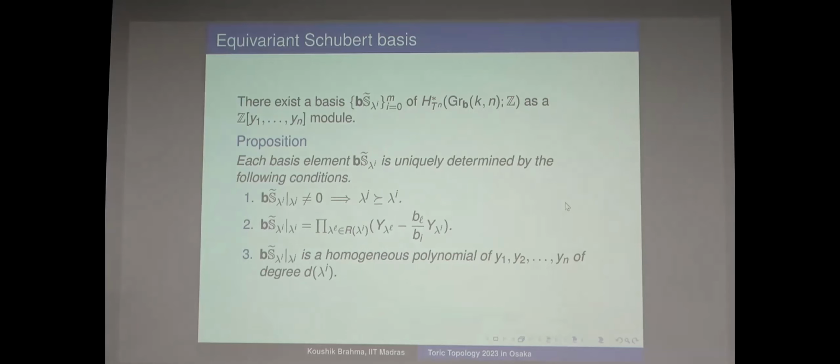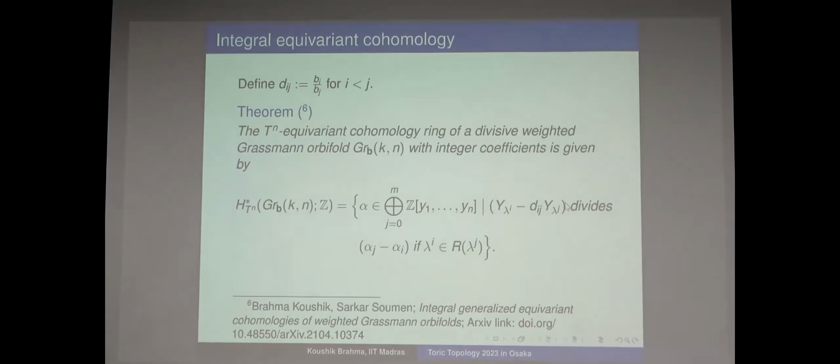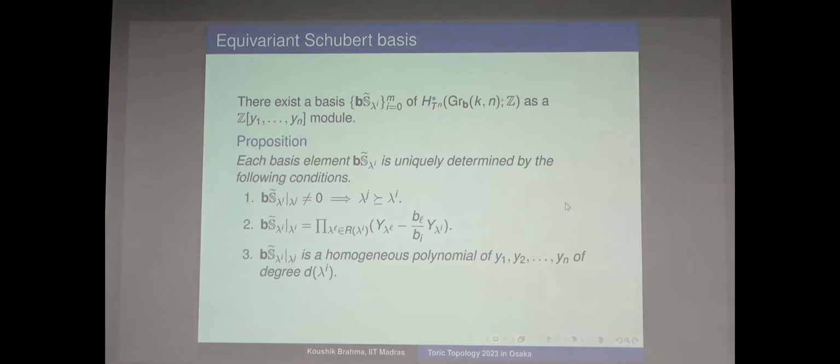No, actually earlier we constructed a Q cell structure of this weighted Grassmann, which is also similar to the usual cell structure. For this cell, we can consider the closure, and then the corresponding element in the equivariant cohomology ring will give these conditions.